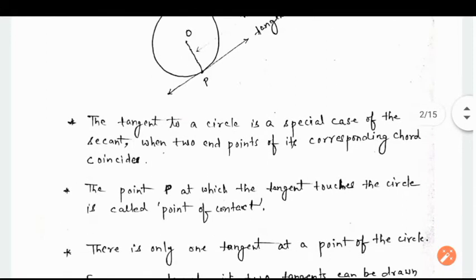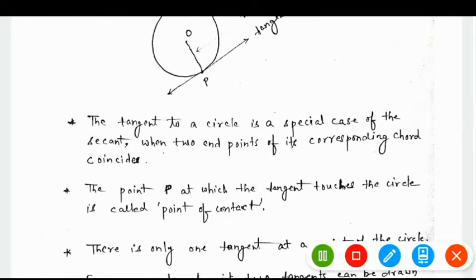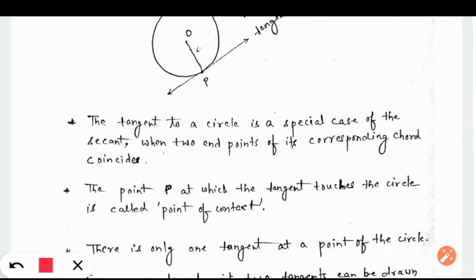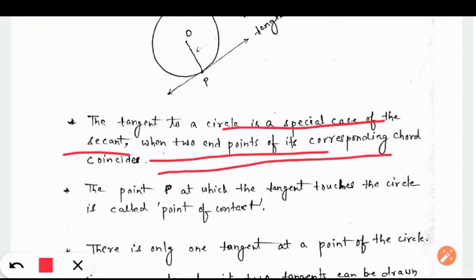So I have written a few points here. What is the first point? The tangent to a circle is a special case of the secant. And what is that special case? According to figure number 2, when the two ends, that is A and B, of its corresponding chord coincide.